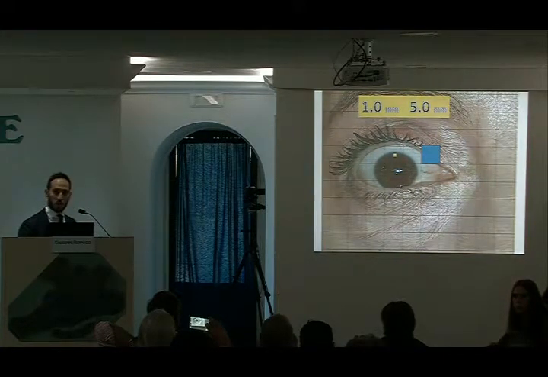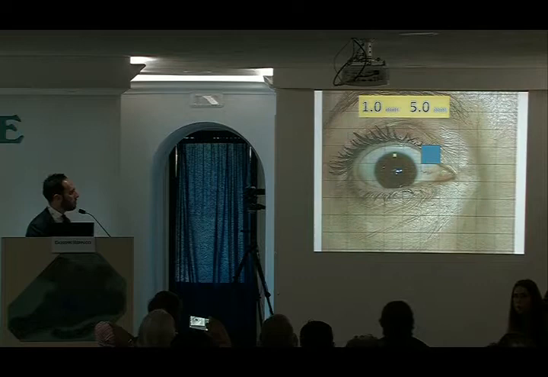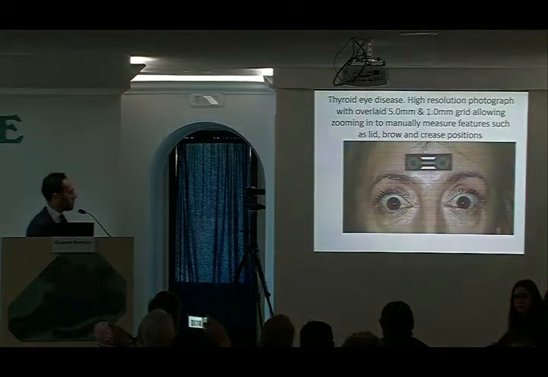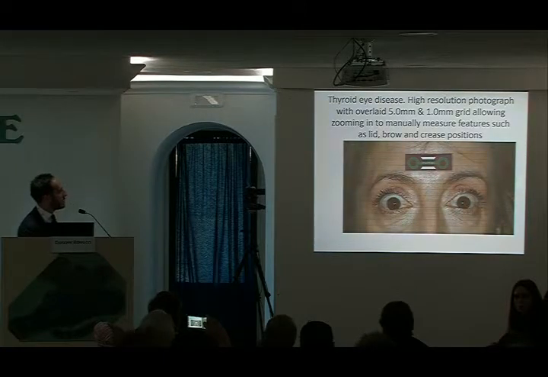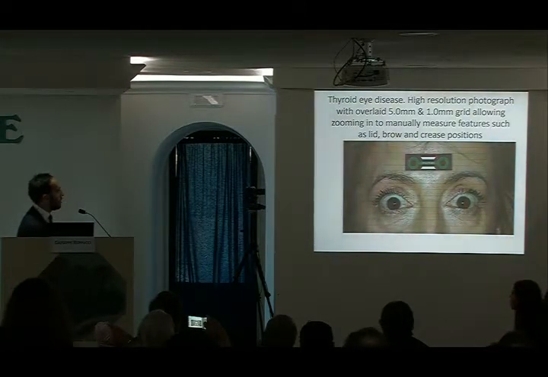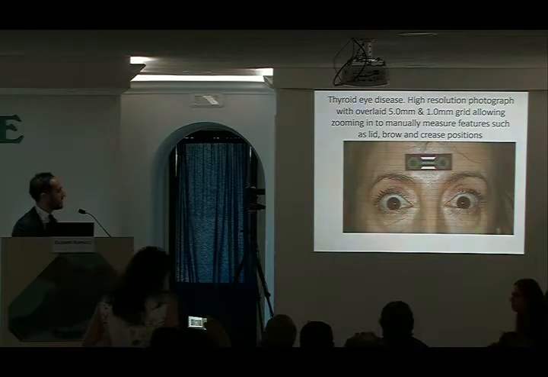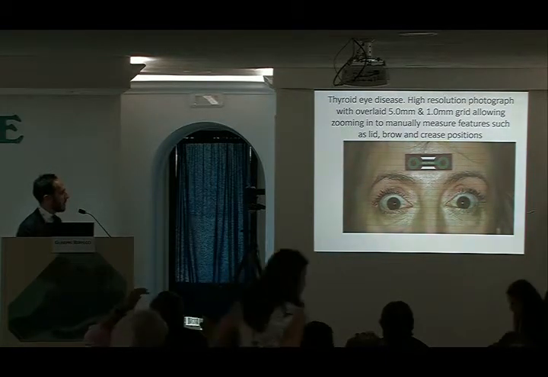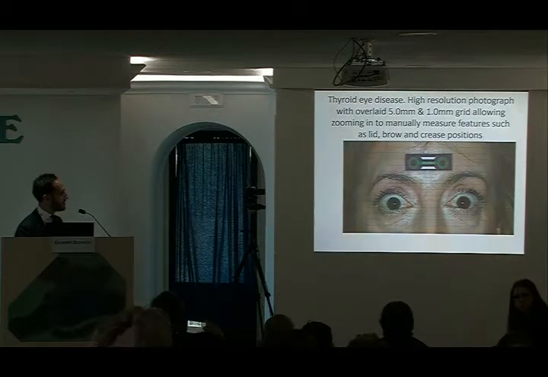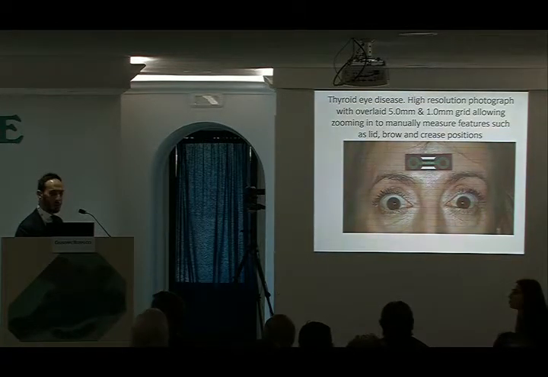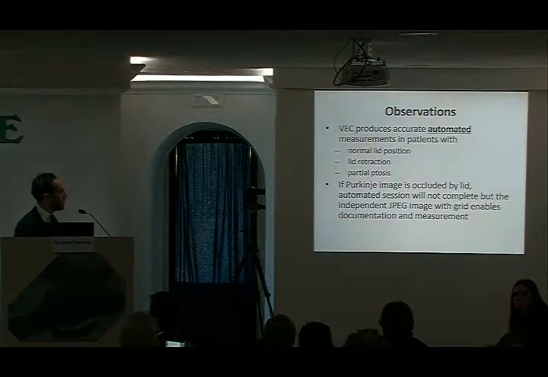These allow clinicians to directly measure any other points on the lid or on a patient's face as required. We can see here the high-resolution photograph with the overlaid 5 millimeter and 1 millimeter grid in a patient with thyroid eye disease. The picture can be zoomed in and all the features can be manually measured, such as lids, brow, or crease position.